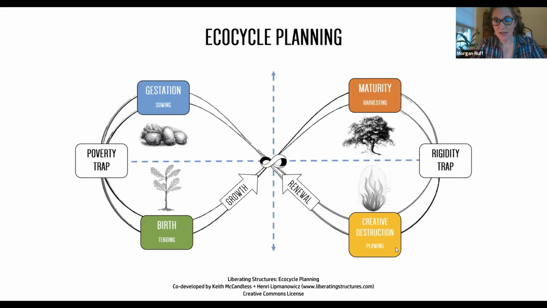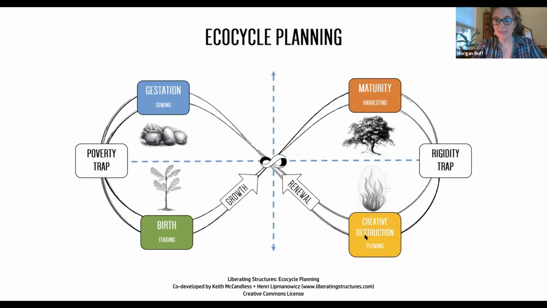And then down here in the bottom section is the creative destruction. So this is the fall. It's the west, the sunset. The color is black. And the element here is water, emotion. We need creative destruction like we need water in our bodies.